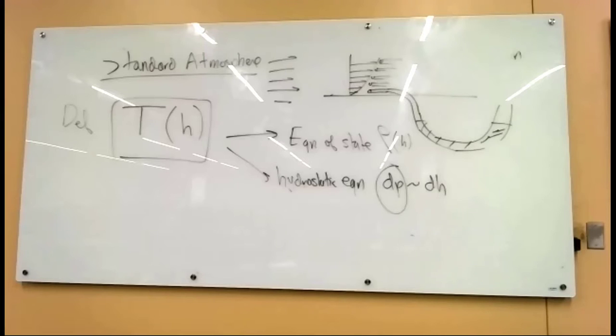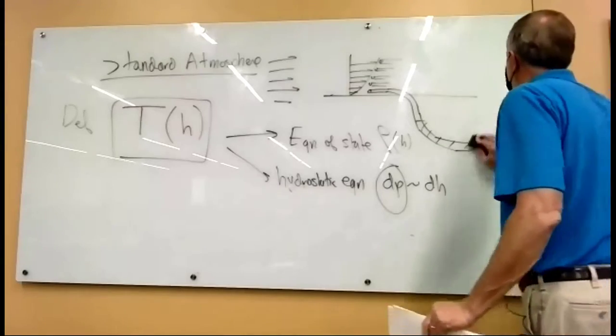So I'll quickly write up there what I was saying earlier, that there's regions that are called the gradient region and then the isothermal regions.